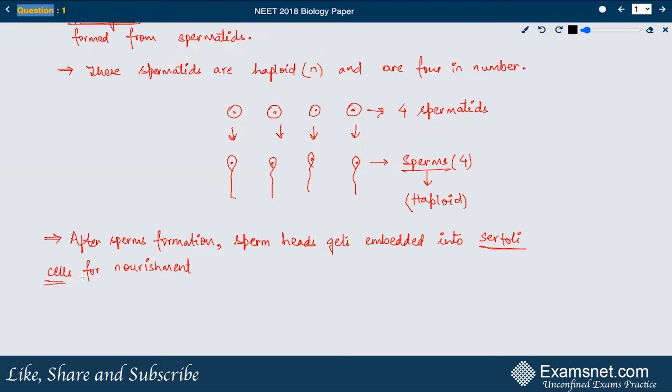Once they are nourished from the Sertoli cells, they are ultimately released from the seminiferous tubules.